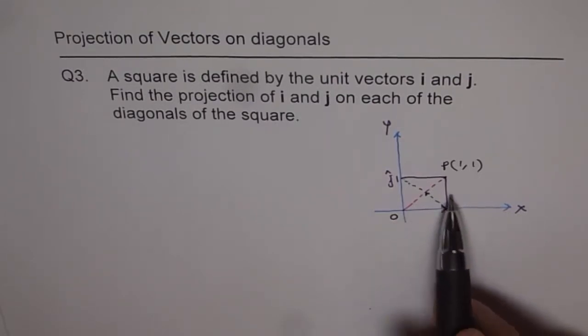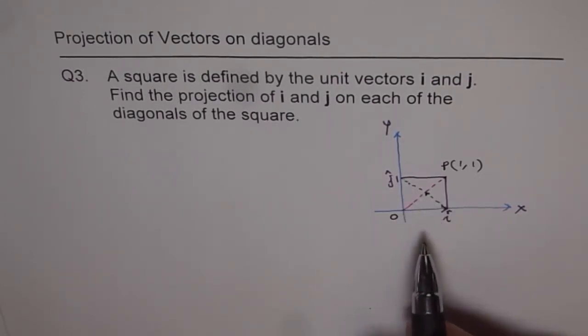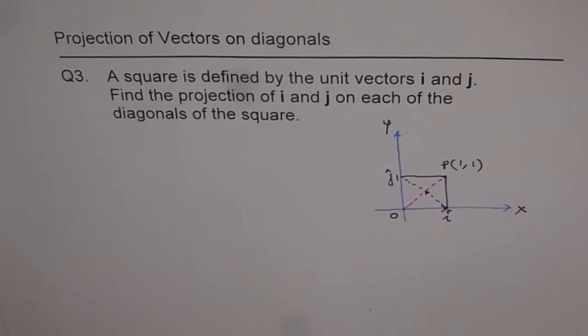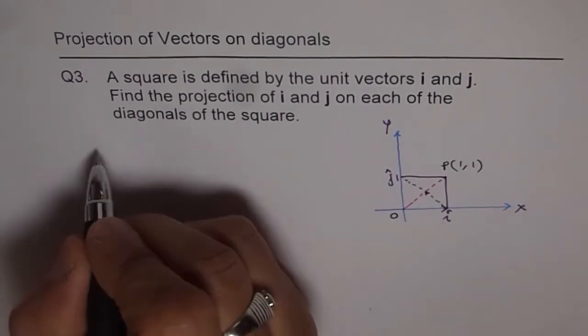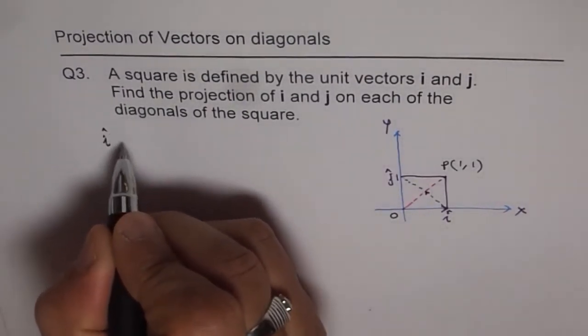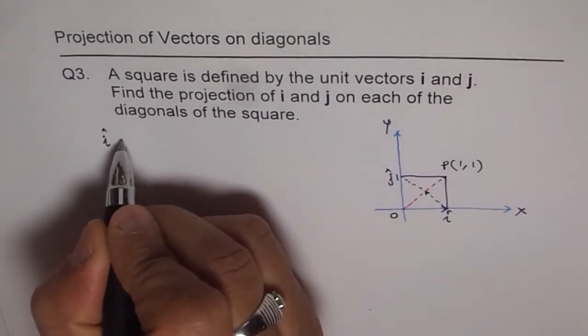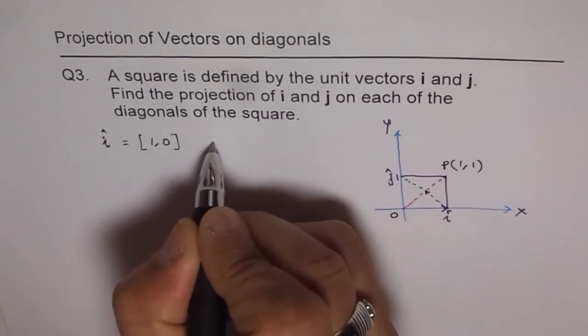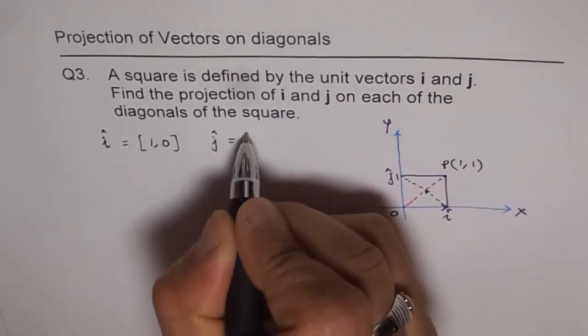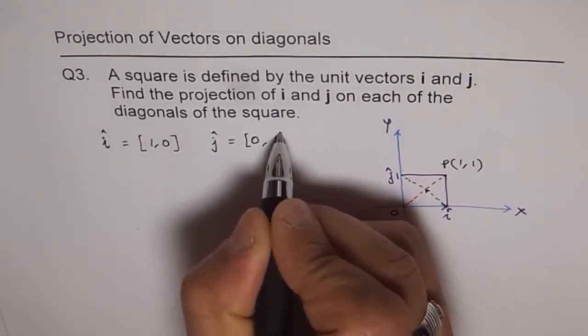So that is the way you can do it. And if you're kind of confused about it, then what you can do is you can apply the formula straight away, right? You know what i is. So let's define i. I vector is a unit vector and i is equal to (1, 0). And j, the unit vector, is equal to (0, 1), correct?